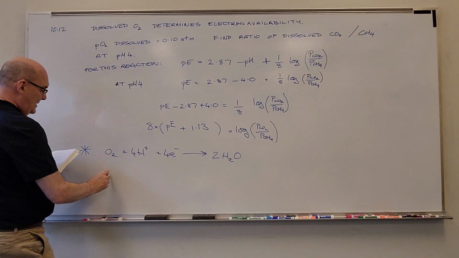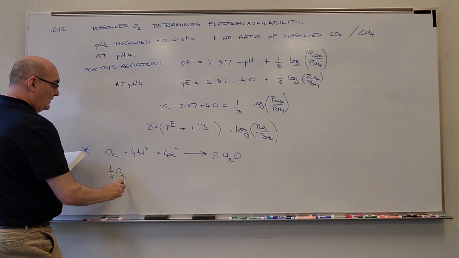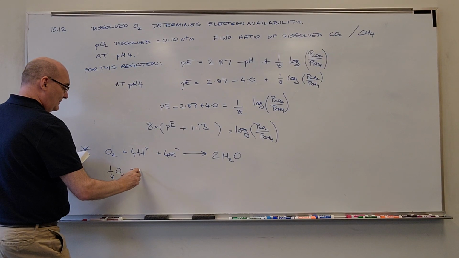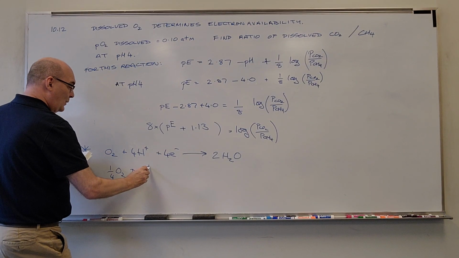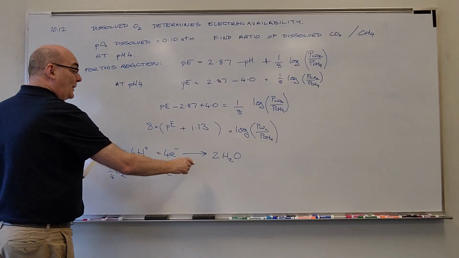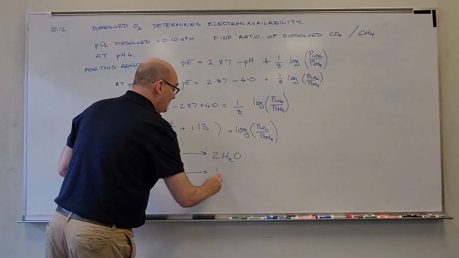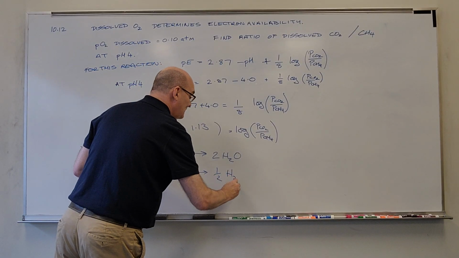That PE would be written 1/4 of this plus 1 of those plus 1 electron. Got to get it down to a 1 electron event. 2 divided by 4 is 1/2.